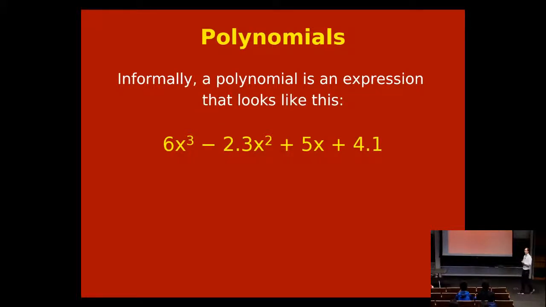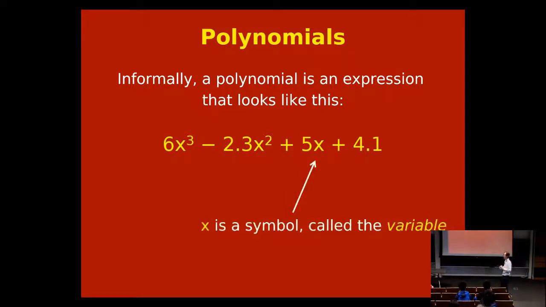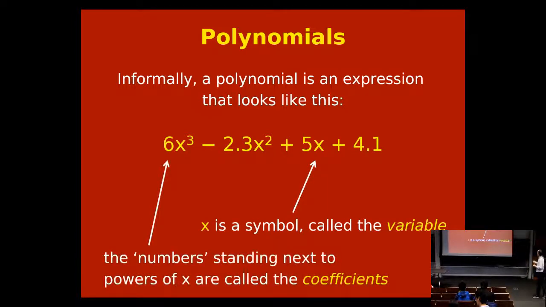OK, so polynomial. A polynomial is basically an expression that looks like this. And for now, you should even think of it as a syntactic object, kind of like a string. So there's this symbol, x, and that's called the variable. And it appears a few times with powers. And then you've got these numbers standing next to the powers, and they're called coefficients.